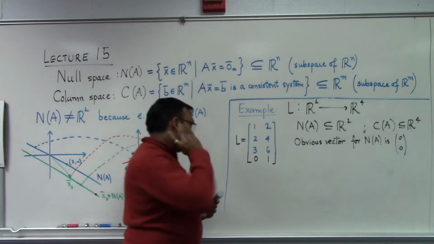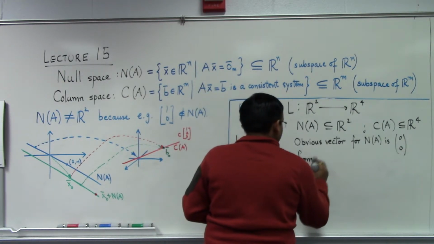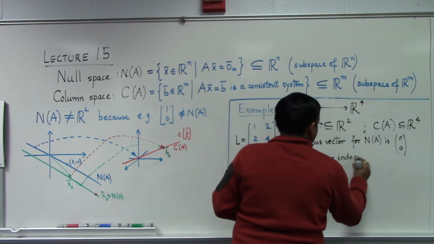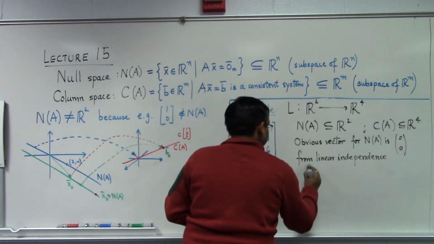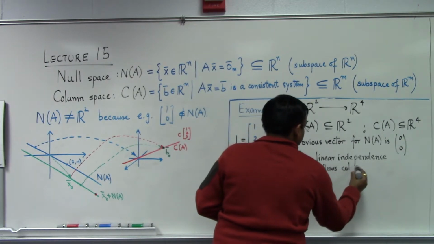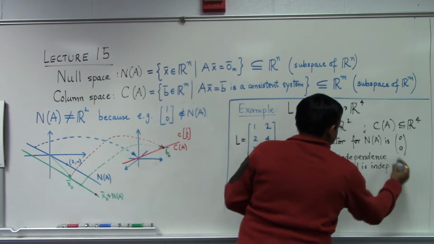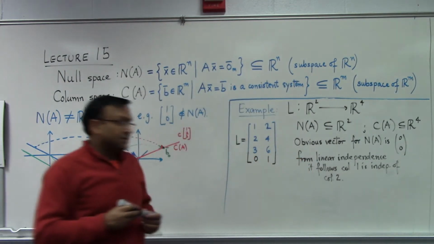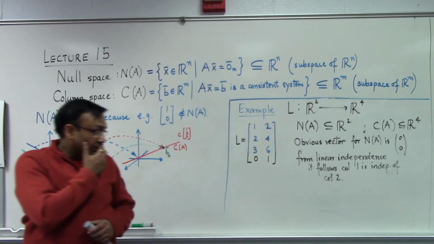Now, from our ideas of linear independence, column 1 is linearly independent from column 2.